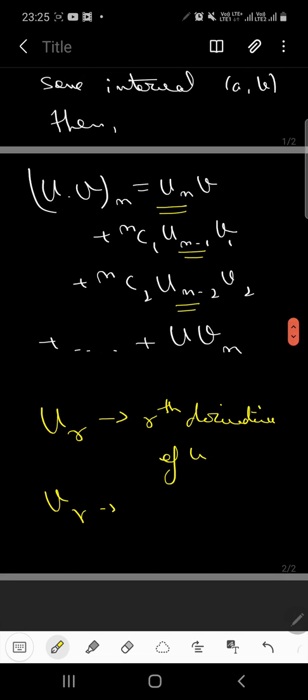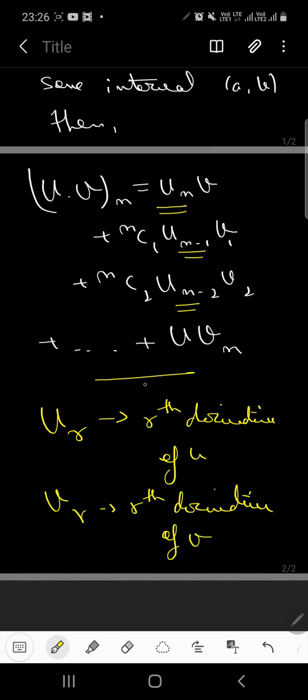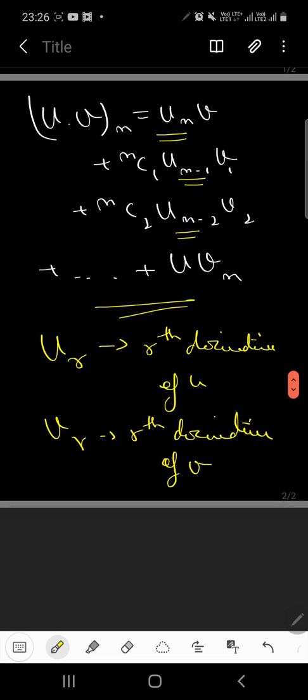Similarly, v_r means the rth derivative of v. So this is the Leibniz theorem of nth derivative of a product of two functions.